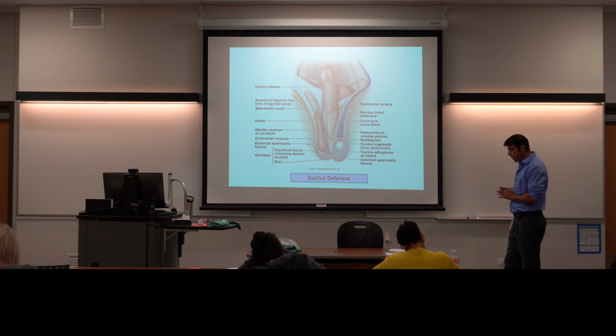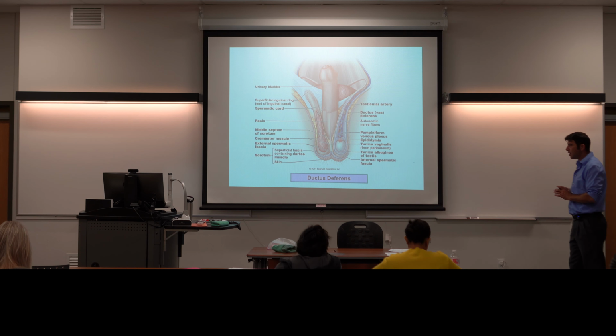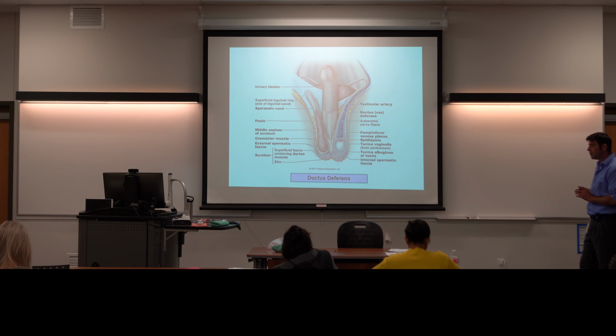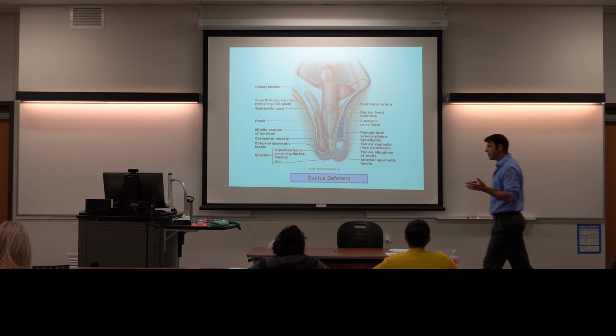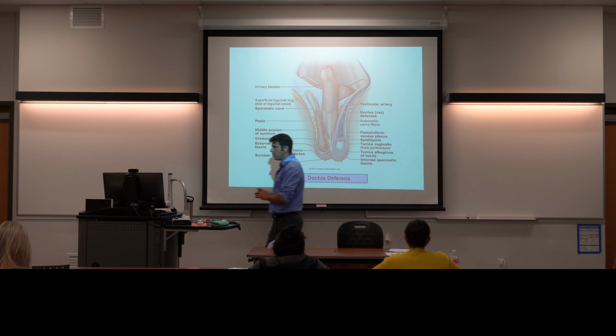Its job is to relax and allow the testes to drop further away from the abdominal wall, or it can contract and push the testes up closer to the abdominal wall. Males that have ever gotten into extremely cold water will experience this dartos muscle contract and try to elevate the testes closer to the abdominal wall.